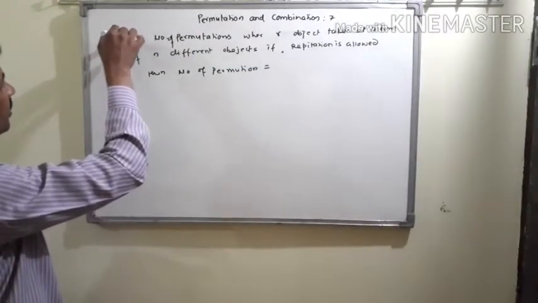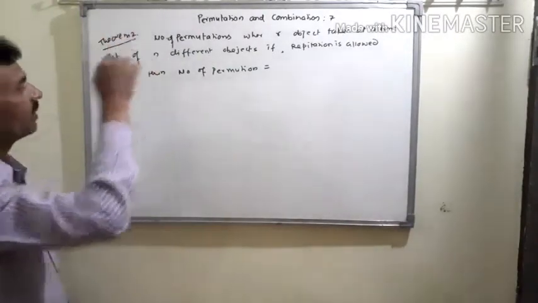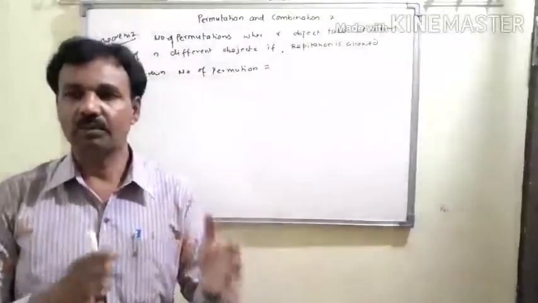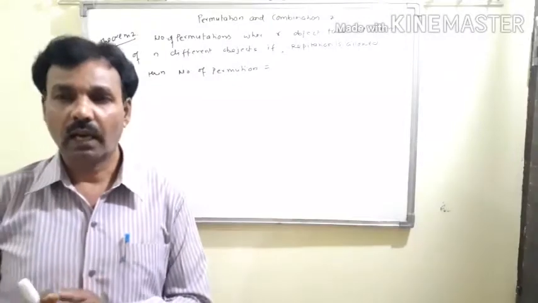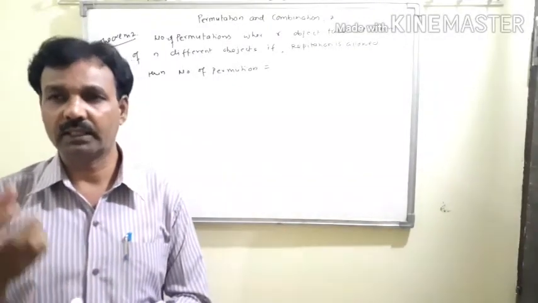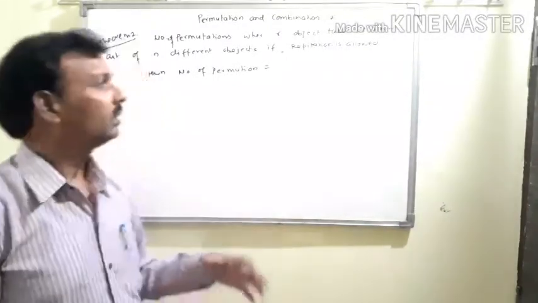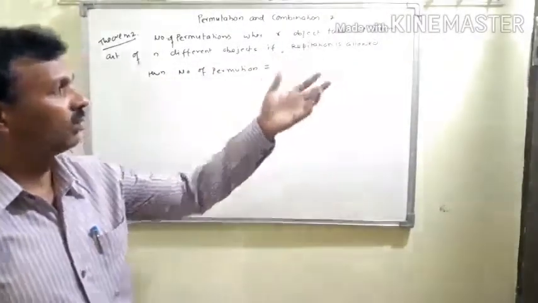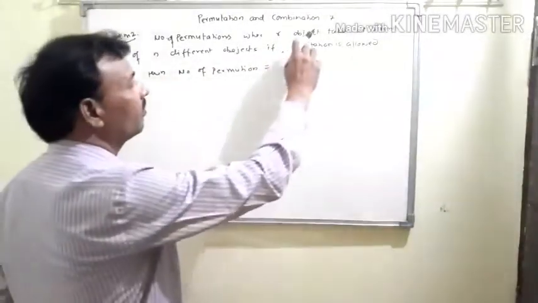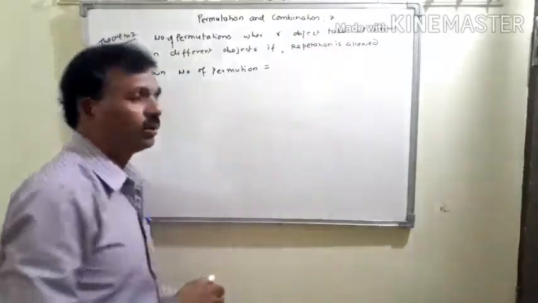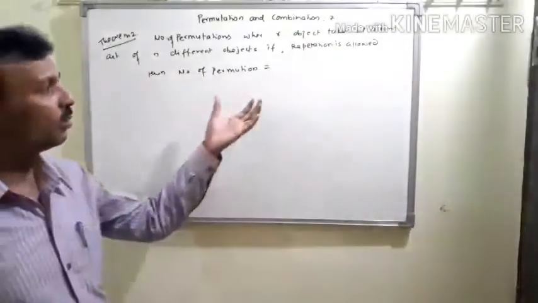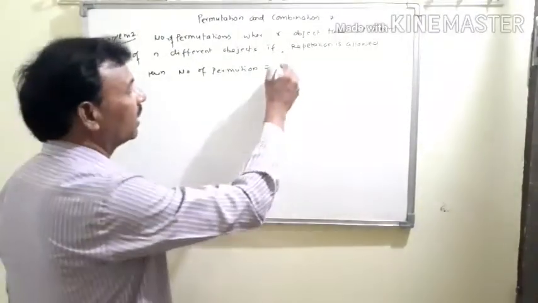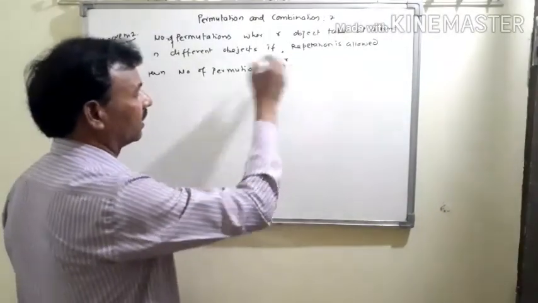Suppose this is the second theorem. This concept says that if there are n different objects, and we take r objects at a time, but repetition is allowed, then the total number of permutations formed is equal to n to the power r.